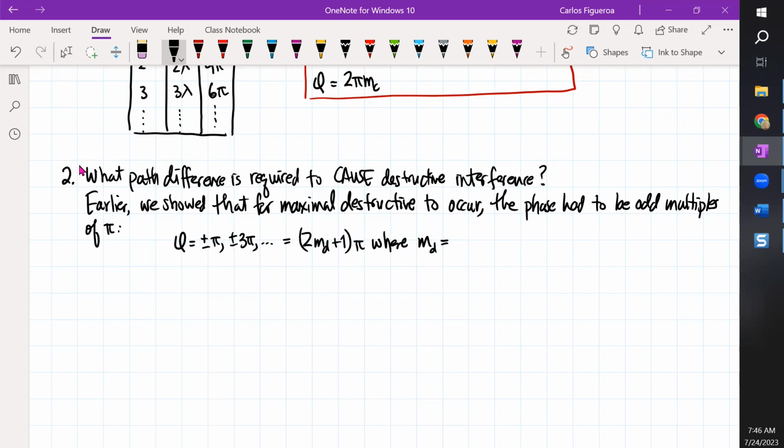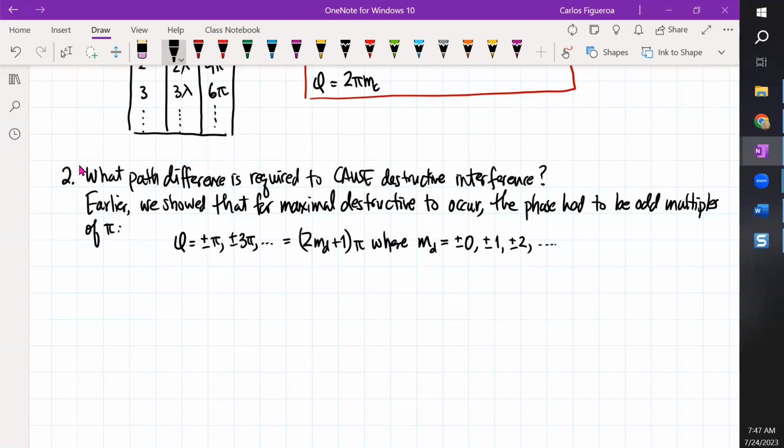Now, this is going to seem a little bit odd, but there are 2 zeros. There's a plus or minus 0, plus or minus 1, plus or minus 2, and it goes on.